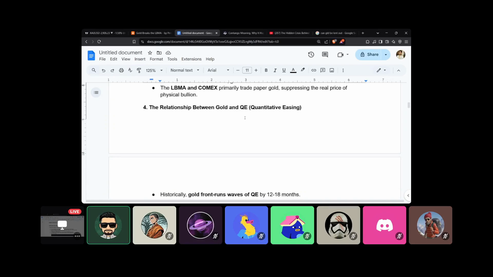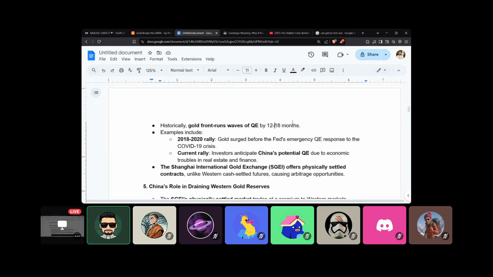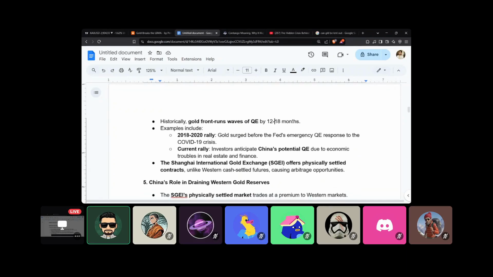The relationship between gold and QE. Historically, gold front runs the waves of QE by 12 to 18 months. So this thing triggers that we might see quantitative easing in the coming future. But yeah, it's according to the historical data.